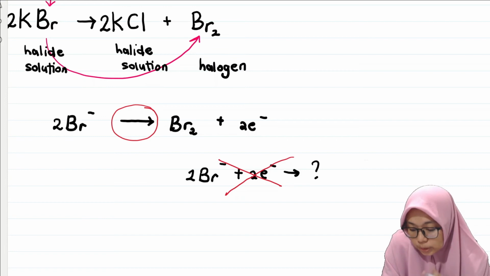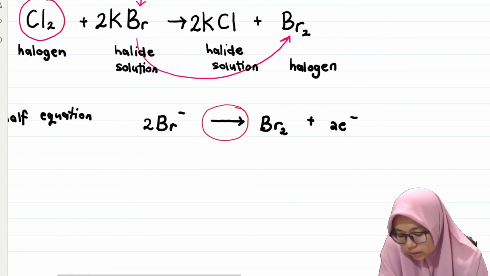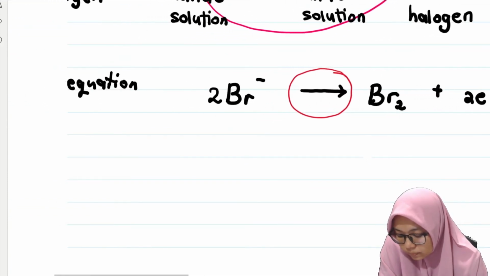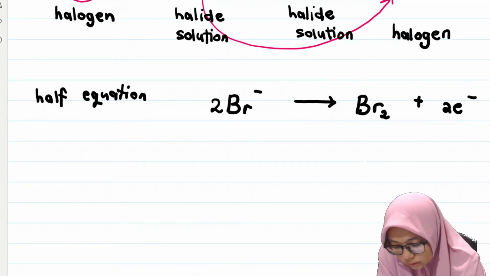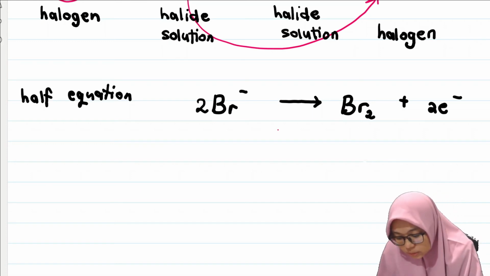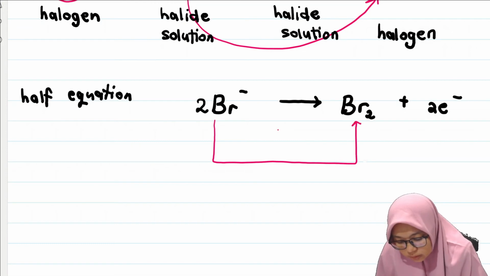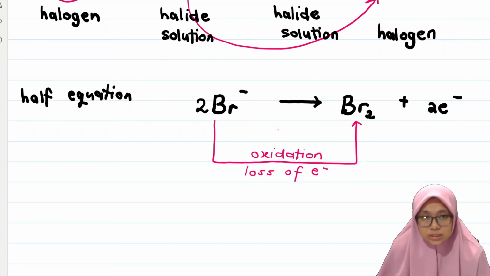Remember that. So in this reaction, bromide releases 2 electrons, so obviously the reaction is an oxidation reaction. If we look at the half equation for bromide ion here, you will see that the bromide ion releases electron, or you have loss of electron here. So this is oxidation reaction. OIL, oxidation is loss of electron.